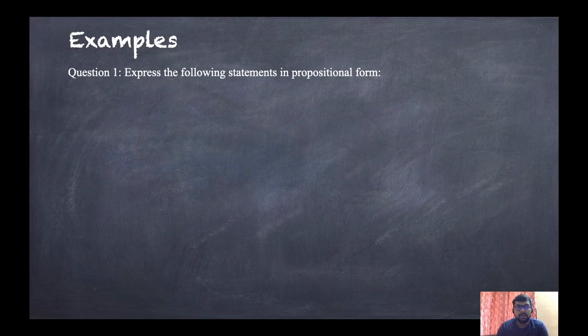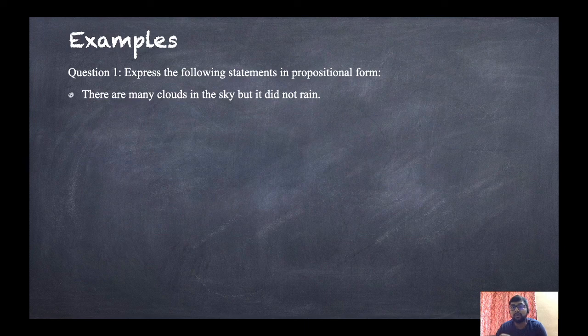Now, question number one, express the following statements in propositional form. The first statement is: there are many clouds in the sky, but it did not rain. Here we want to convert it into propositional form.